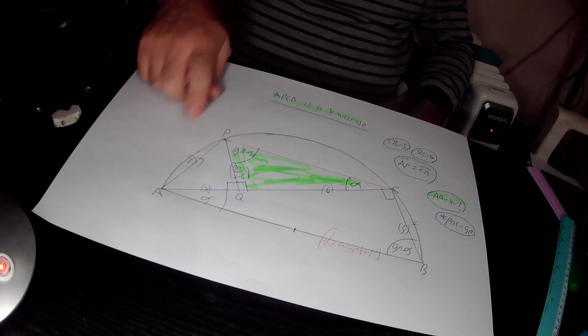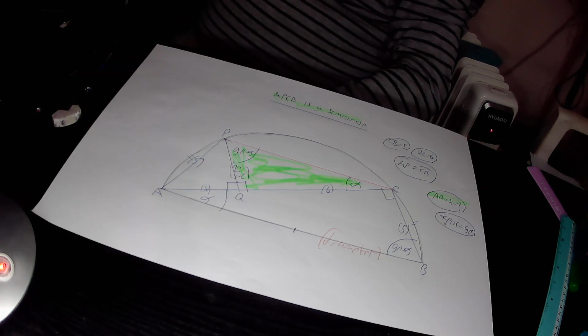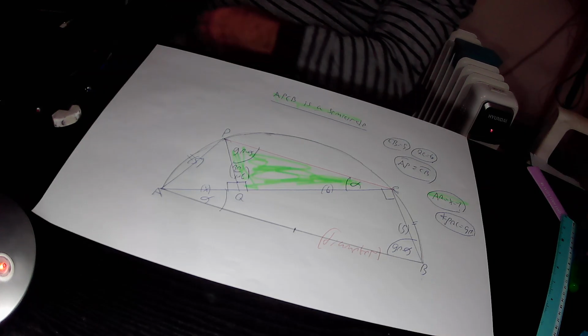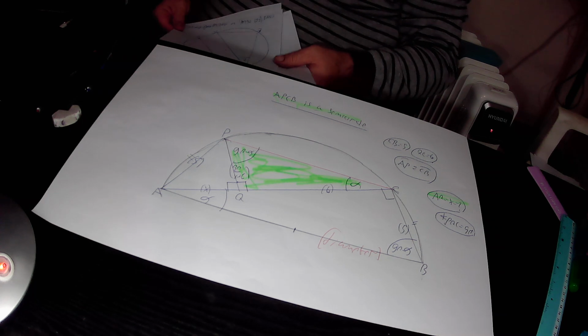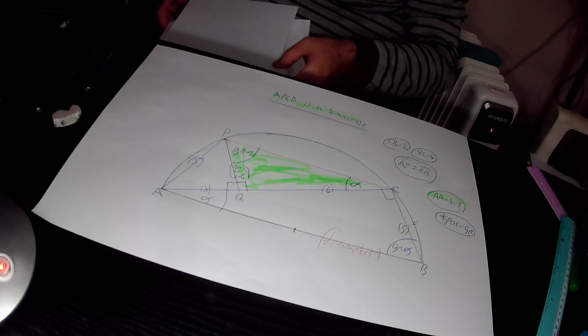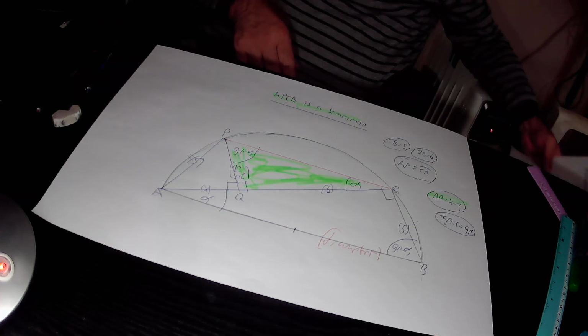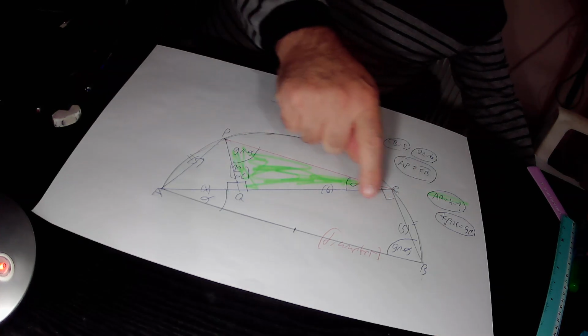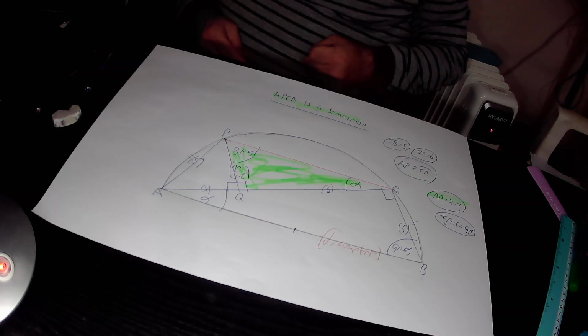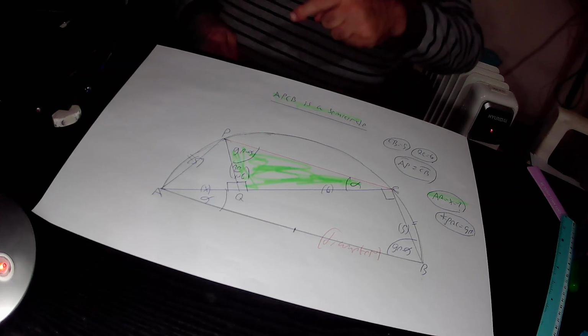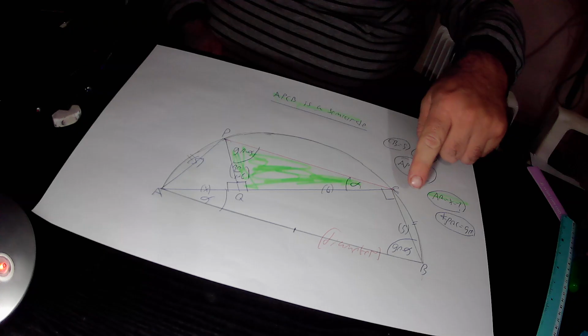So first of all, we implemented all 7 in our drawing. AB is of course the diameter of this semicircle. This is triangle ACB.